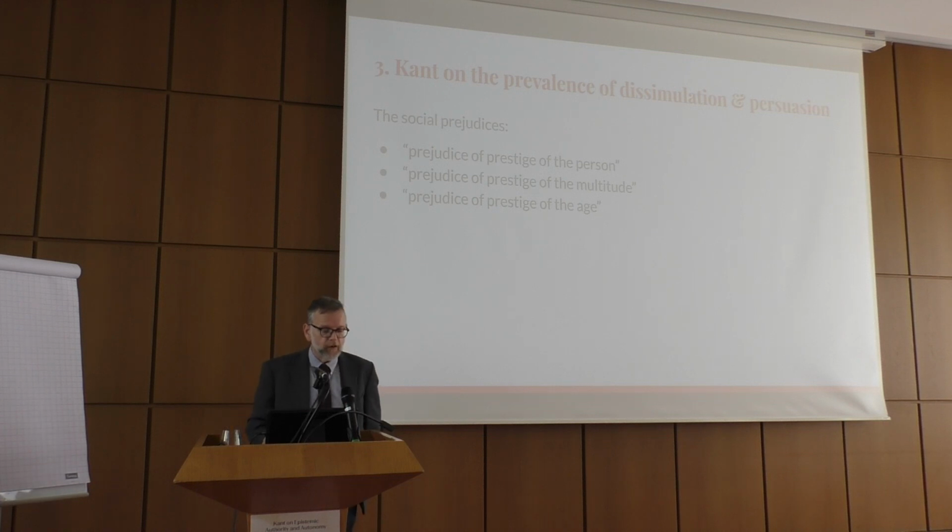Also the prejudice of prestige of the multitude, right? Everyone believes it, so I should believe it too. And then prejudice of prestige of the age. And here he doesn't necessarily mean the current age, right? So if you know someone who, I guess in the US, a number of white nationalists are big fans of the Viking era or something like that, right?